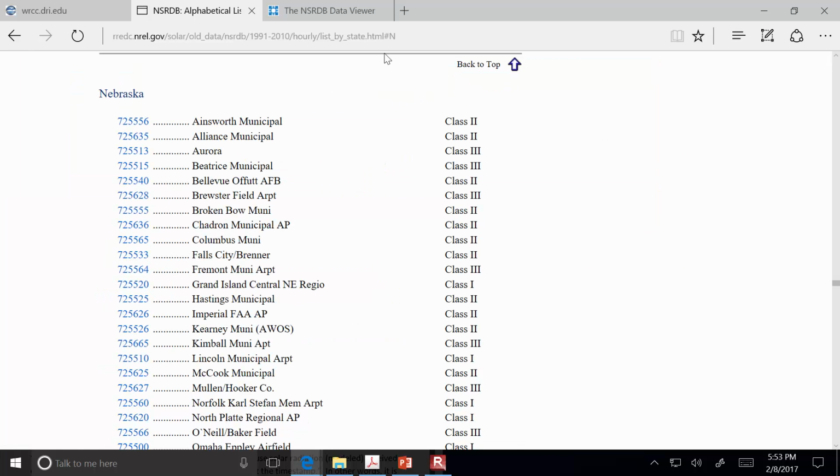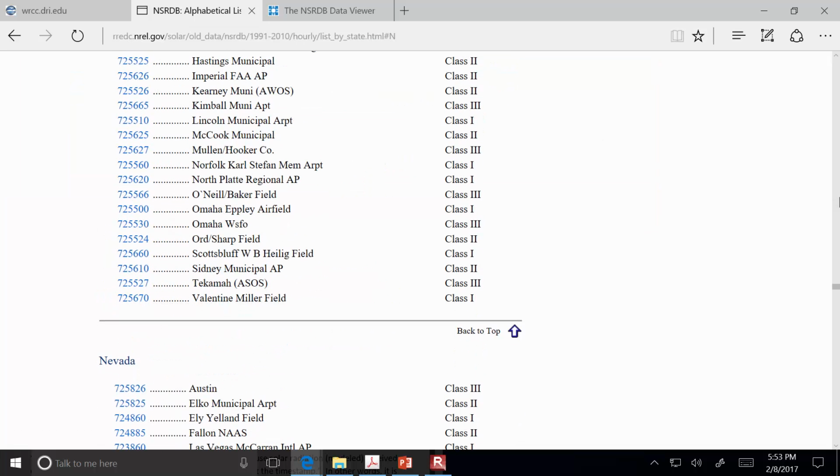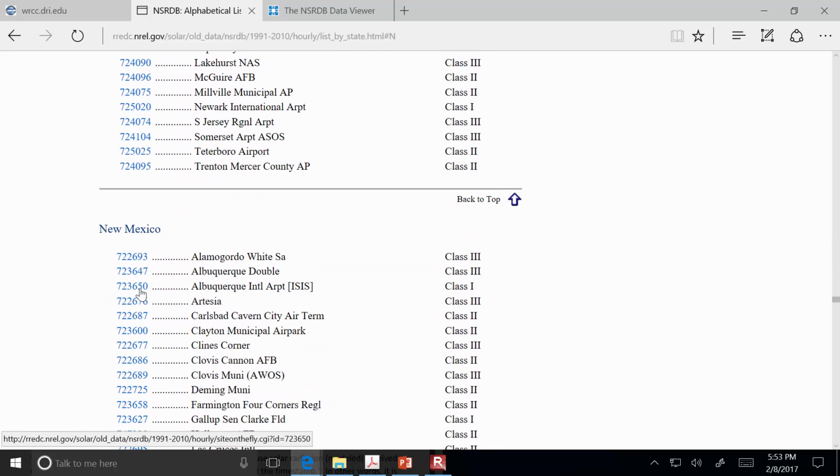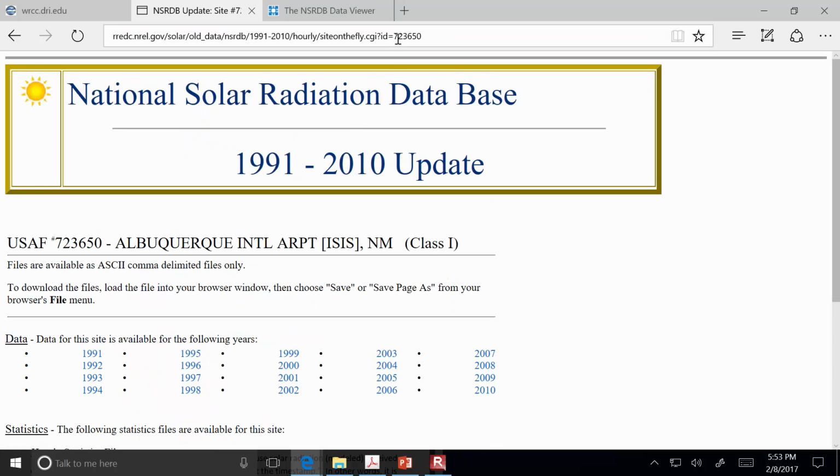Mexico. And look, when I click on this, it's going to be the same link that I just put in. New Mexico, Albuquerque Airport. That's the same one, right?